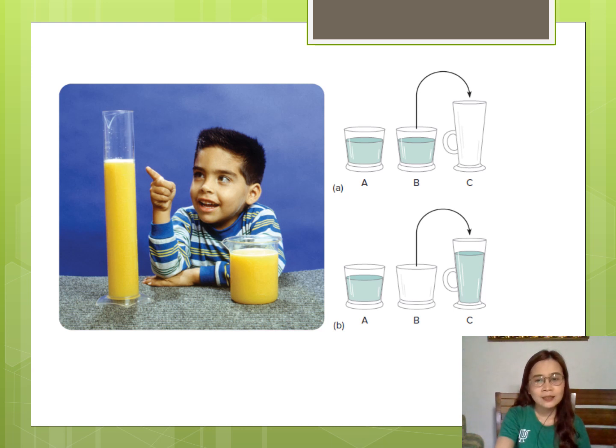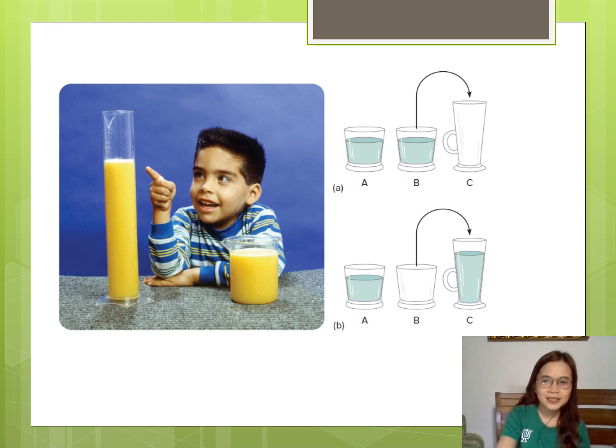Why? Kasi nakafocus lang siya dun sa height ng glass. Hindi niya nabigyan ng focus o importance yung volume, na same volume naman. They have the same amount. Yun nga lang, isinalin lang natin sa taller glass yung isang liquid. So that is an example of a conservation task.